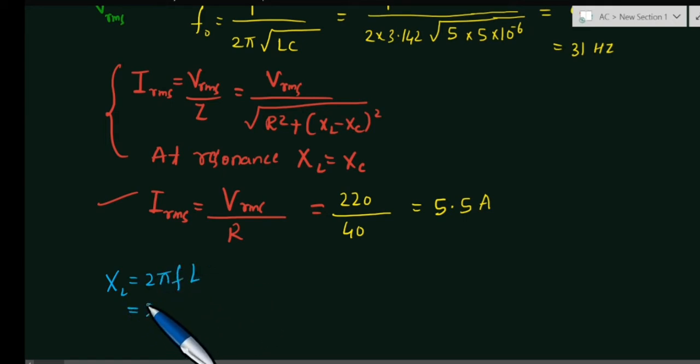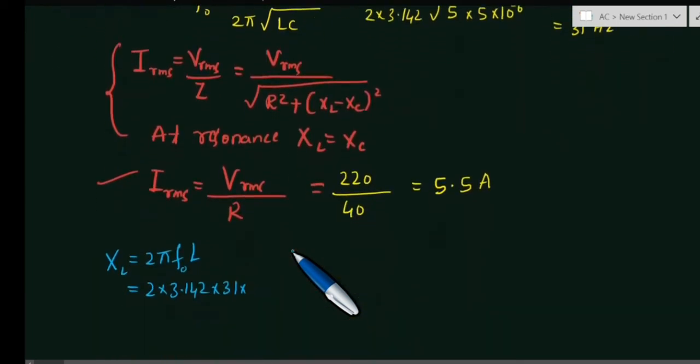So substitute the values. F value, here it is F naught, because at resonance XL value and XC value both are equal, but F naught value we found it, that is 31, into the value of L, that is equal to 5.